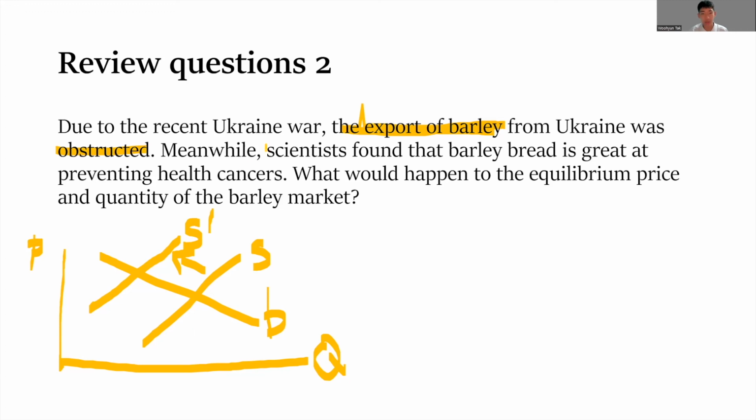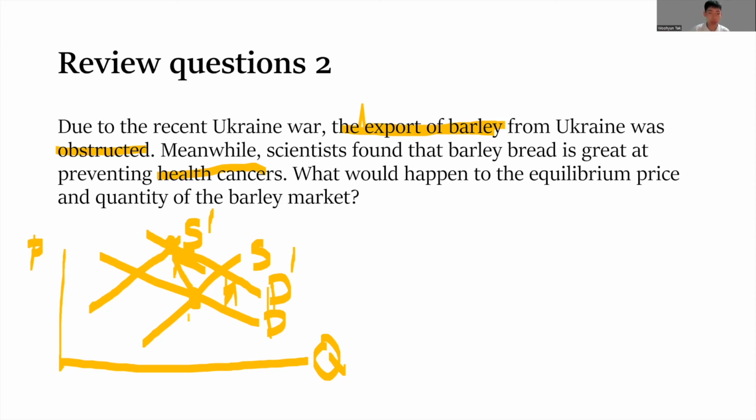But scientists found that barley bread is great at preventing cancers, which means that consumers' preference will also increase. Therefore, demand increases and shifts to the right. So the original equilibrium was this point, and the new equilibrium moved to this one, right?